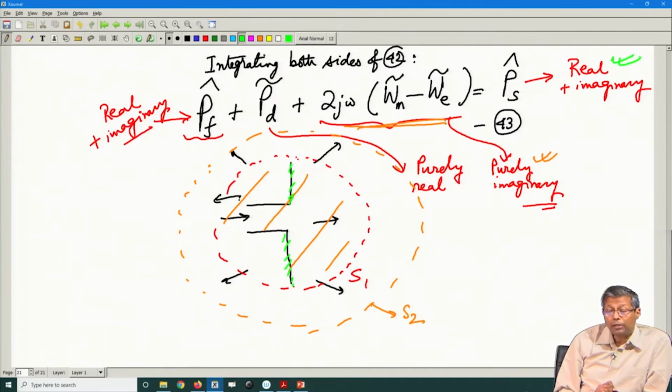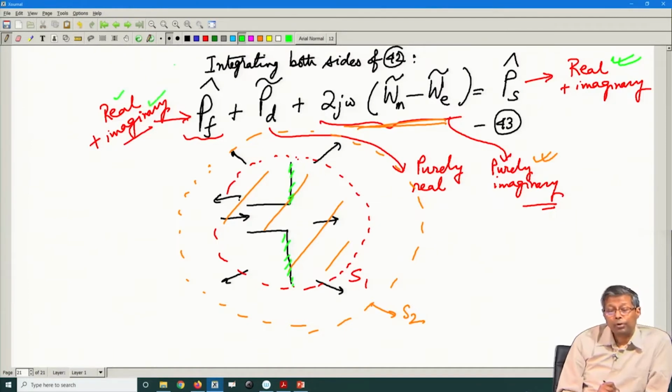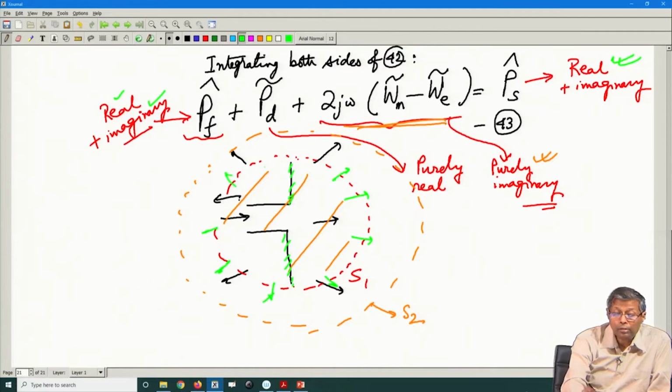So, what is happening to the other part, the real and imaginary parts? As you cross different surfaces, the real part, which is the power radiated, will be the same.